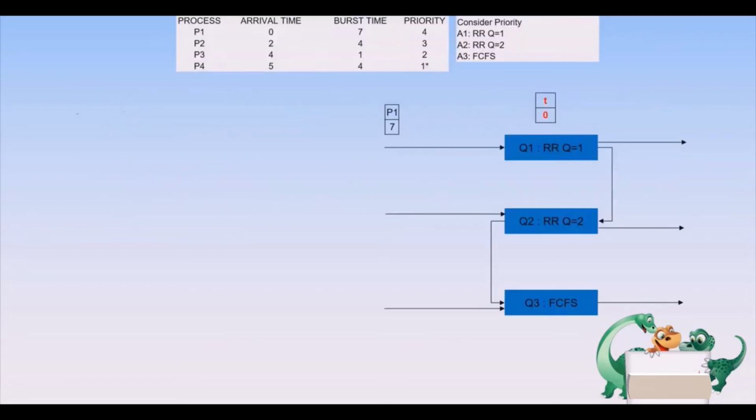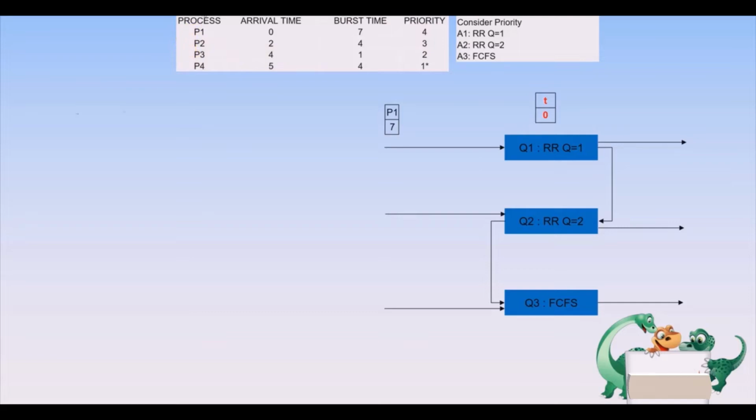Now I have here an example of multi-level feedback queuing without a predefined condition. Let's run these 4 processes, given their arrival time, burst time, and priority. The first priority here is P4, second is P3, third is P2, and the fourth priority is P1.